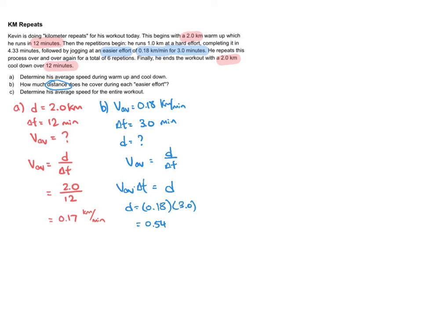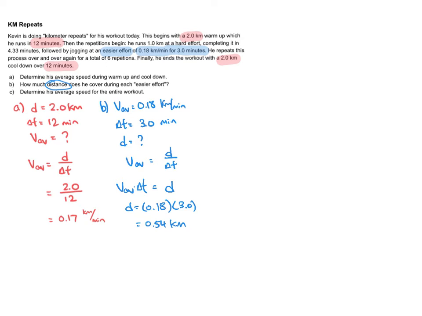And then the units. So I'm looking for units of distance. I check the units I have written in my list there, and things are going to cancel out to give me kilometers at the end of the day. All right, so 0.54 kilometers, or just a little bit more than half a kilometer for each of the easier efforts.